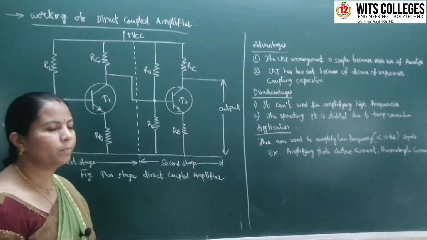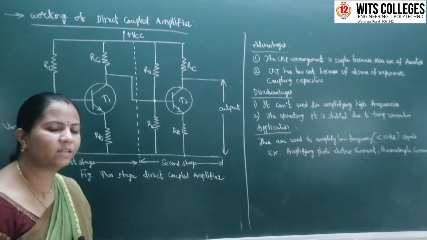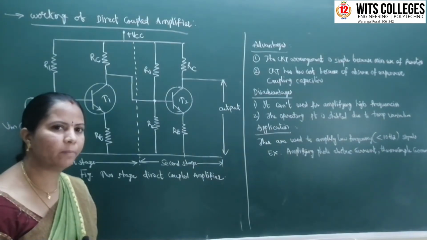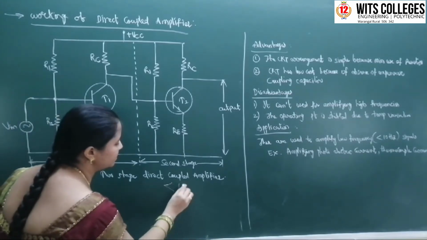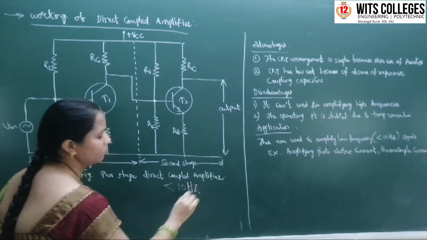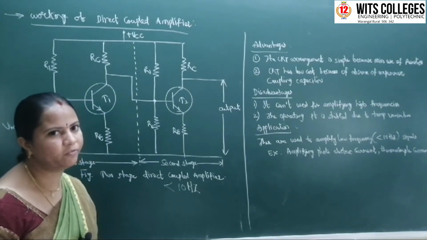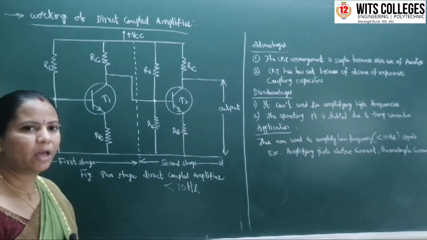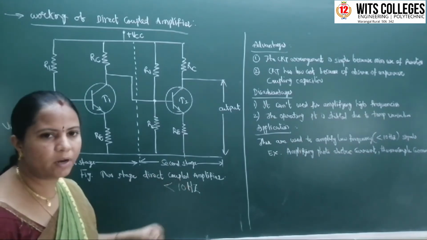Coming to the next topic, working of the direct coupled amplifier. These direct coupled amplifiers are used to amplify very low frequency signals, less than 10 Hz. Signals below 10 Hz are amplified using direct coupled amplifiers. This is the circuit diagram for a two-stage direct coupled amplifier.